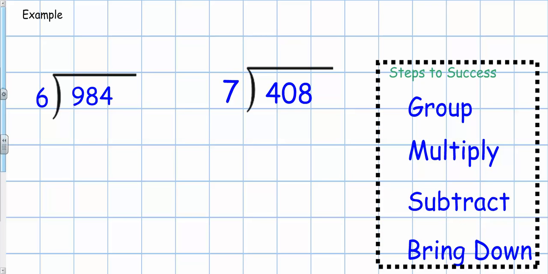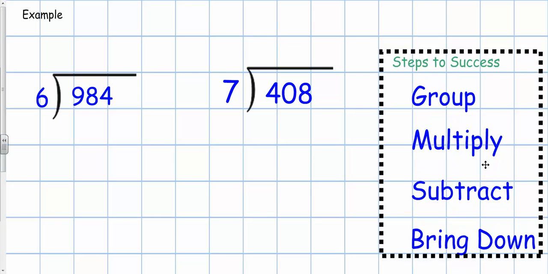Next, I'm going to take a look at the steps to success for dividing. First, I'm going to see how many groups of 6s can fit into the first place value on the left, so into this 9 or 900. How many 6s can I group into 9?